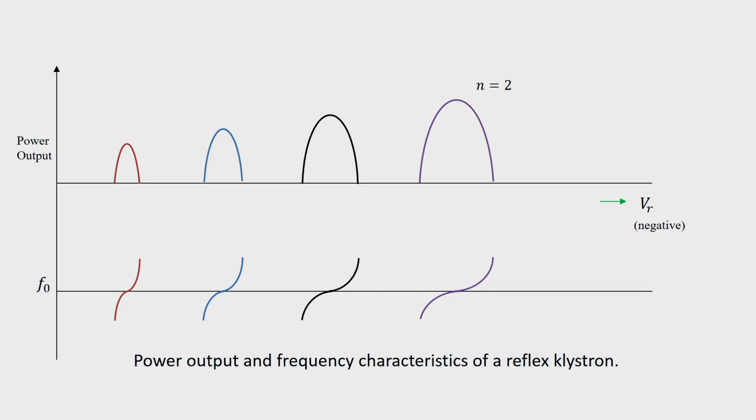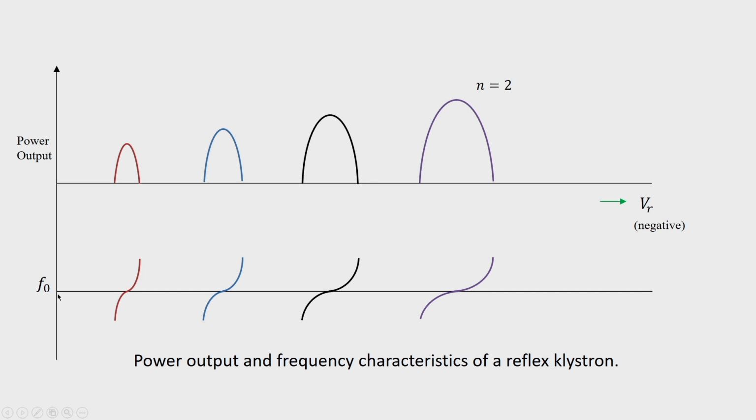The mode one with the highest power we have already mentioned is the 1 3/4 mode, and these modes will have different amounts of power. Usually, as the value of n increases, we get lower power.